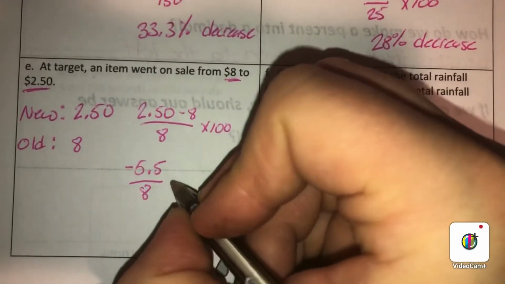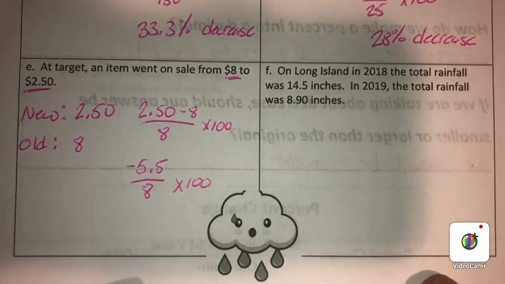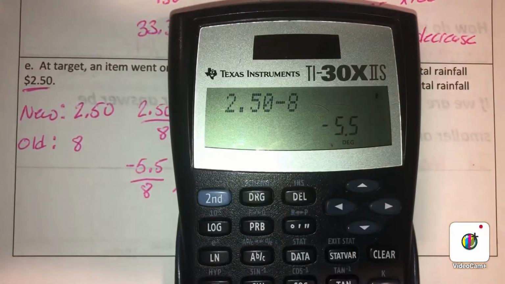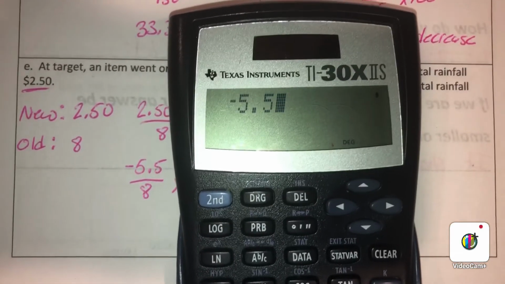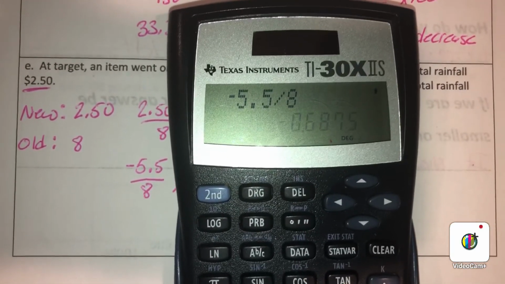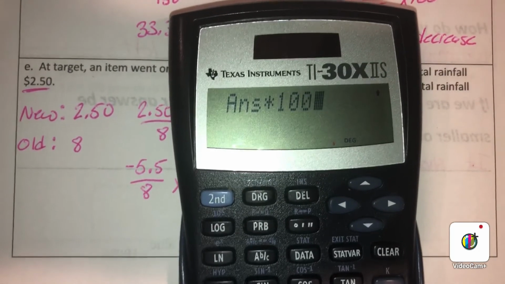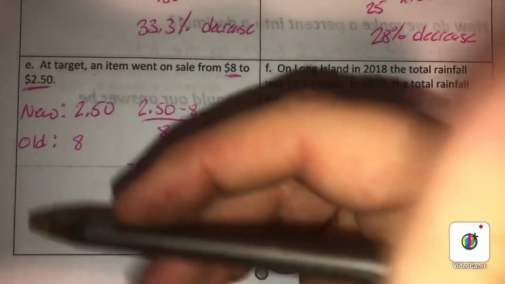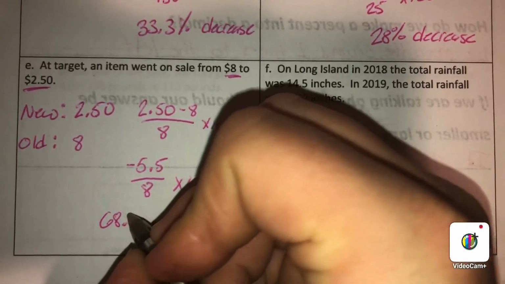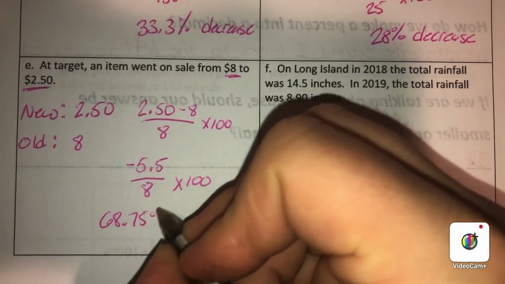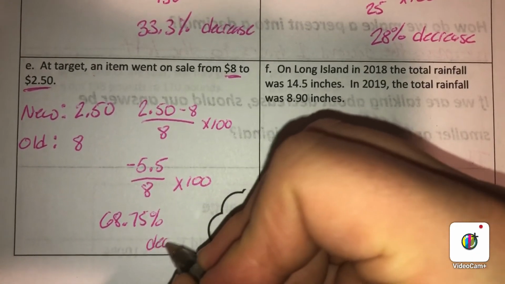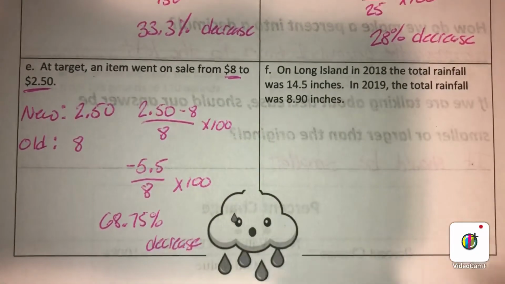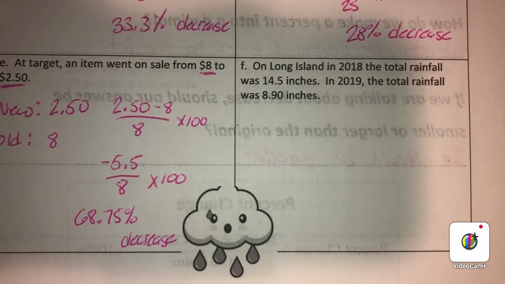Divide by 8 times 100. Negative 5.5 divided by 8 times 100 is negative 68.75. So we know it's a decrease. So 68.75% decrease.